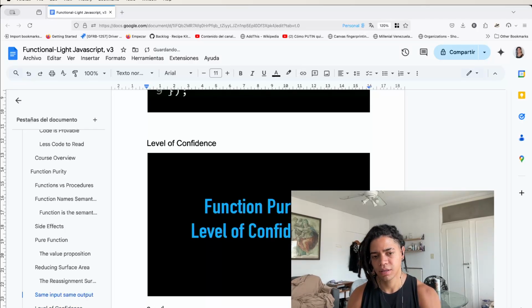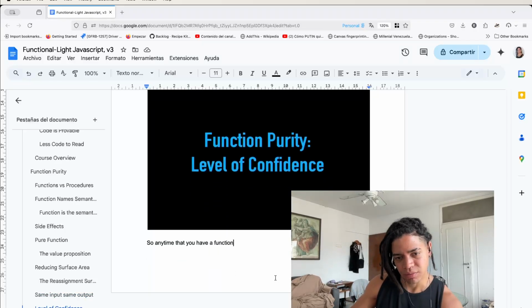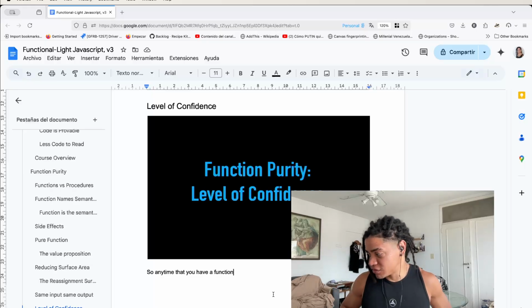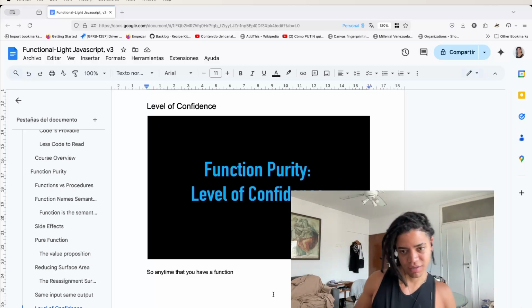So anytime that you have a function, it's an interesting reason why Redux is so powerful, this particular pattern of state management, and why it is still relevant today.